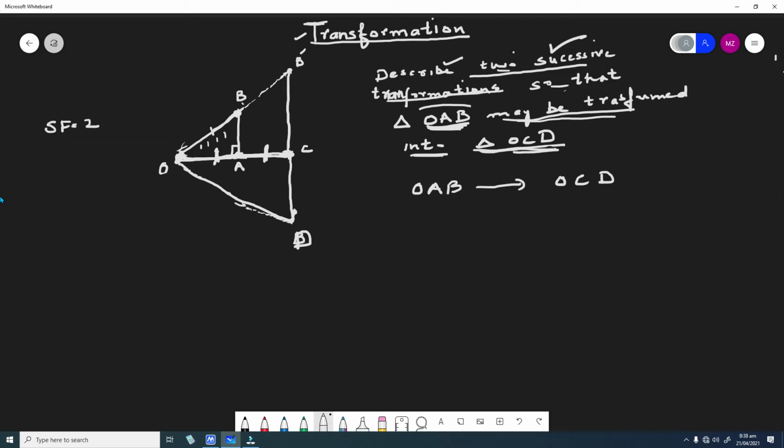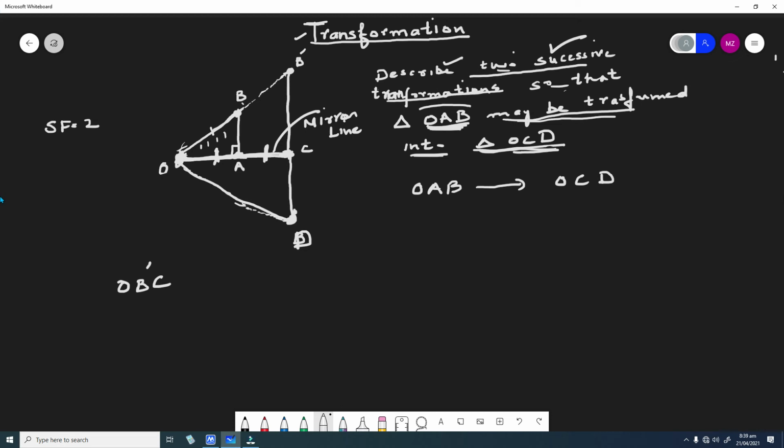Next we see how this enlarged figure results in O, C, and D. Now it is quite easy to see that if you reflect O, B prime, and C by taking this line OC as a mirror line, then the image of B prime will be D. And again, the image of O will remain at O because it is lying on the mirror line.